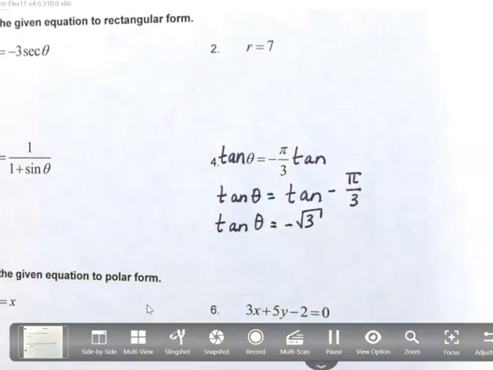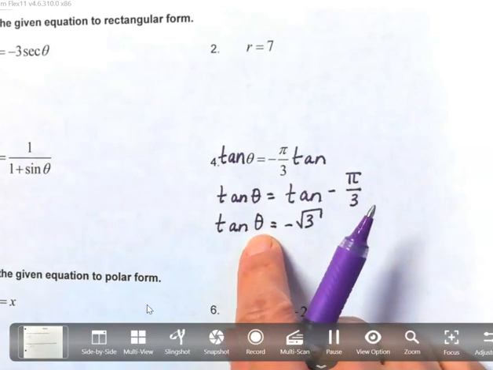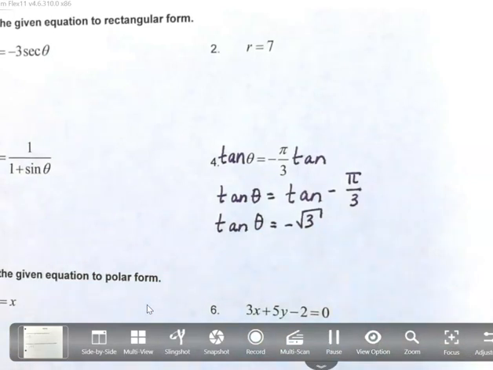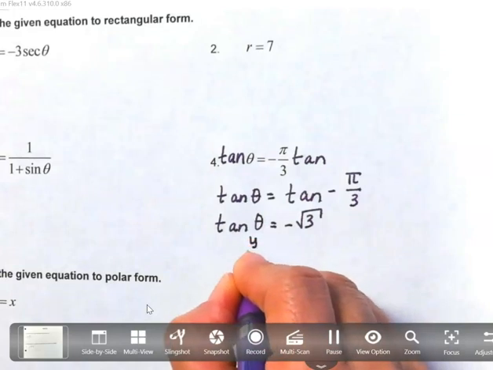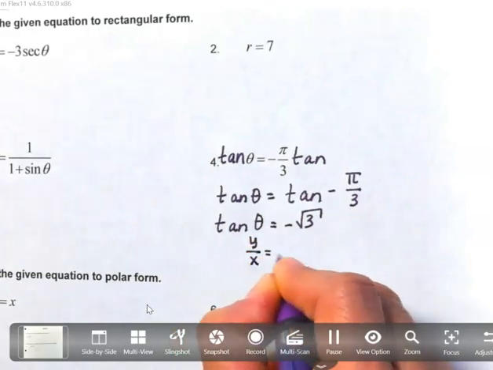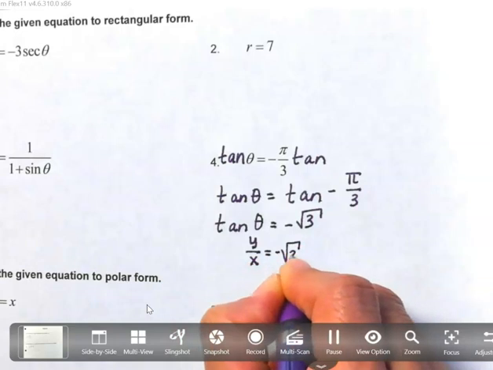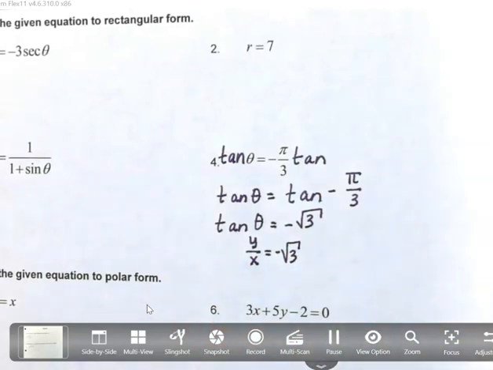All right, y'all, now we're ready to substitute. Tangent of theta is exactly y over x. So now on the left side, we're going to write y over x equals negative root 3. Technically, both of the variables are on the same side of the equal sign, but y'all get rid of the fractions if you can, and we can.